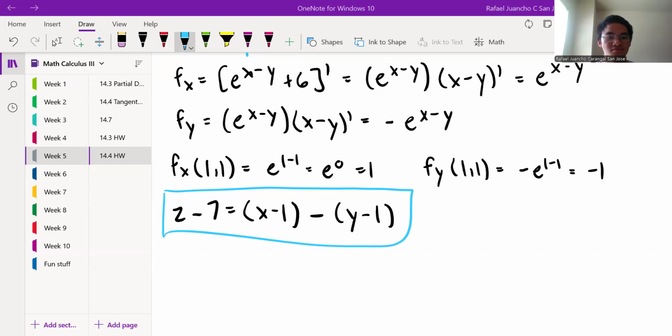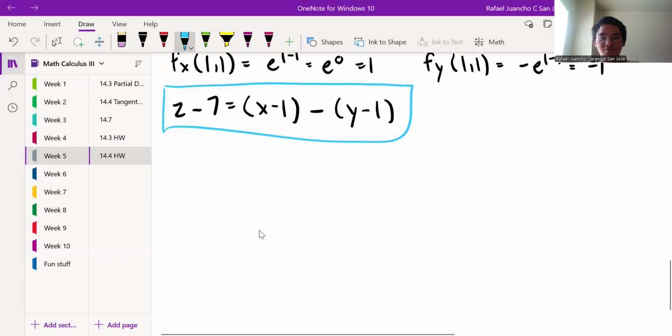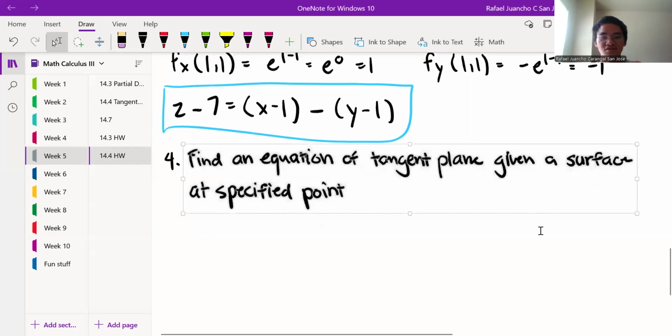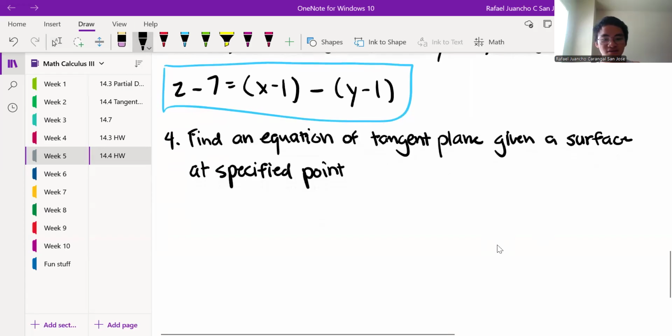Let me see if we got it. Nice. Okay, we have one more, and then we should be good to go. I'm going to stop this video and then do the next one on linear approximations. So here again, we find the equation of the tangent plane given a surface at a specified point.